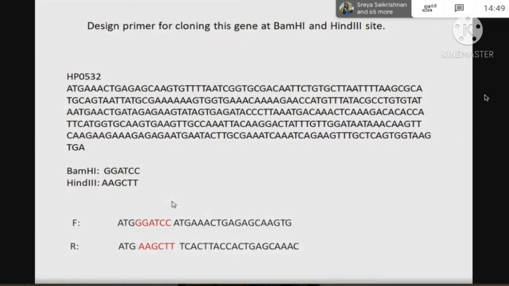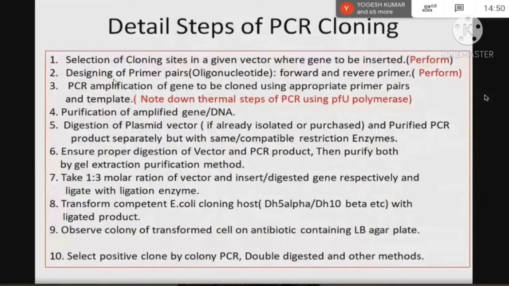Now you will see how this primer binds. But these are the 3 parts present in this primer sequence. One is complementary to the gene, this is the restriction site, and this is the seating site. So we have designed a primer pair, forward and reverse.